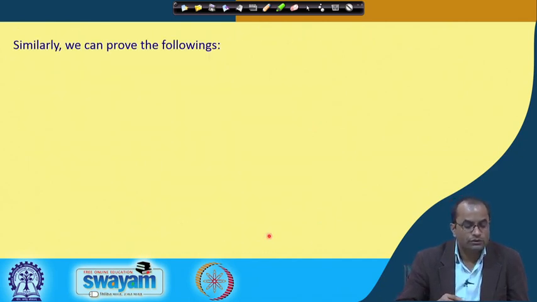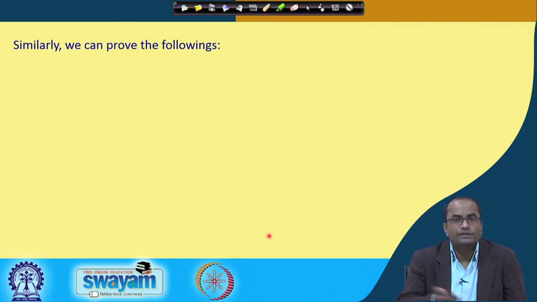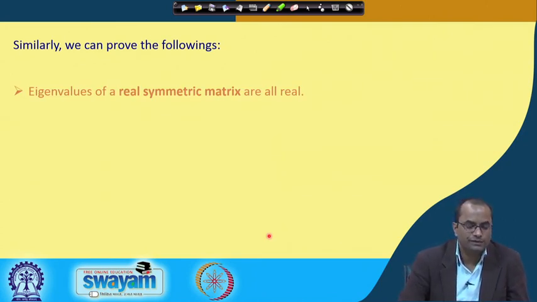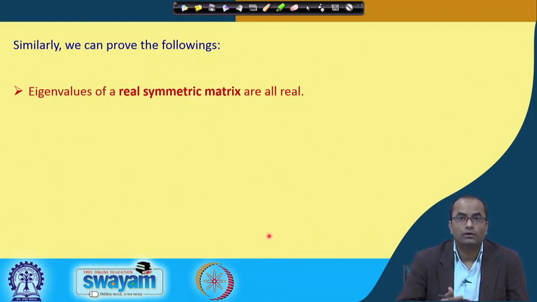Similarly, we can prove the following results, which follow the same lines as the proof we have just done. The eigenvalues of a real symmetric matrix are also real.